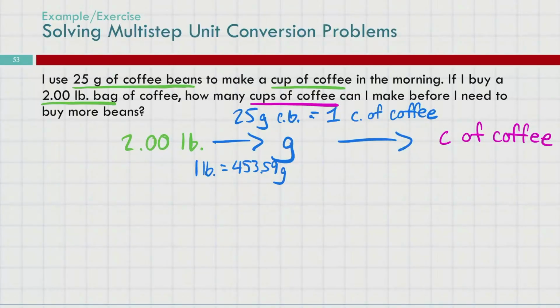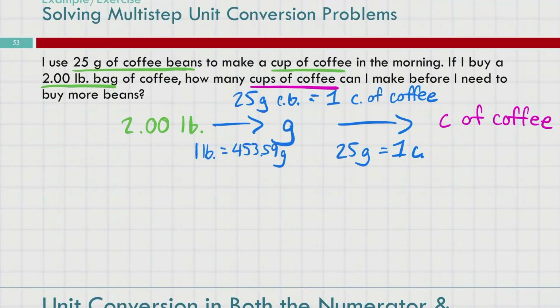And for the second step, we're going to use 25 grams equals 1 cup, and we'll just assume the coffee part. So setting up the actual framework with all the numbers for our conversions to put in our calculator: 2 pounds.